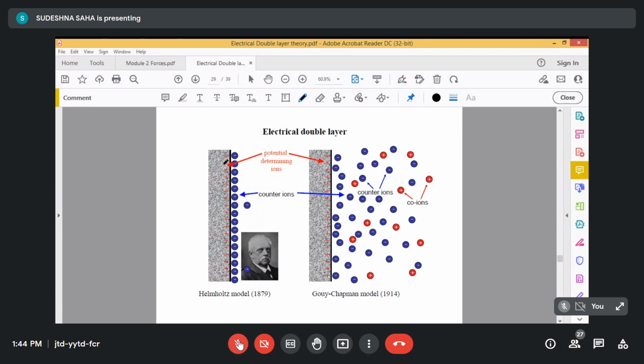Now once you put the particles into an aqueous medium, instantly it will acquire a certain amount of charges, and these charges can be generated due to all those things that we have already talked about.